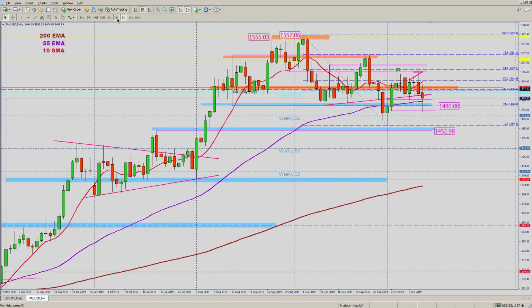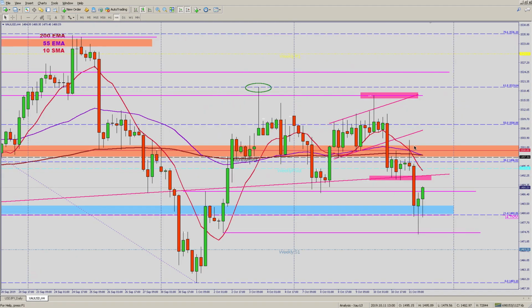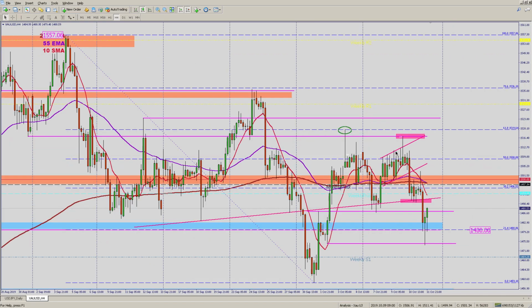Let's take a look at the 4-hour time frame, and since Thursday it has fallen below the weekly pivot, and on Friday it continued lower and fell to retest this previous swing low at just above 1474, but later it managed to recover somewhat and climb back up above this neckline of a double top formation.